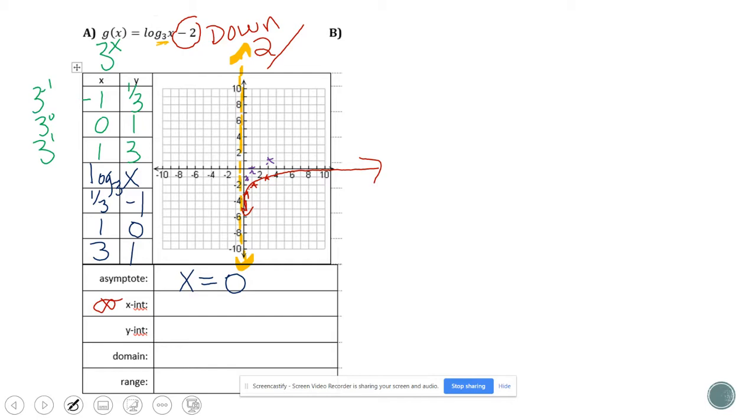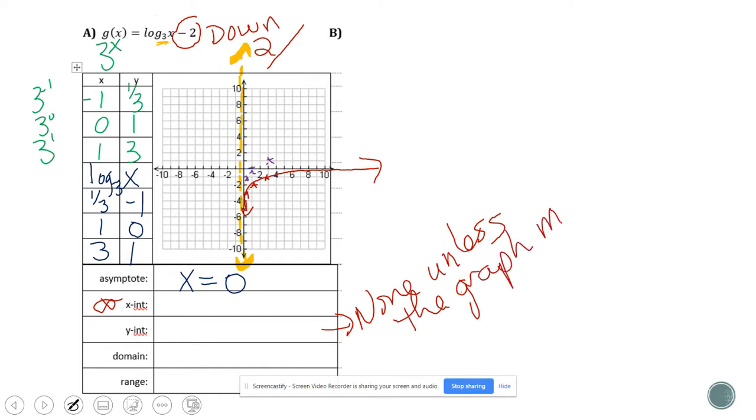For log graphs, we are not going to have a y-intercept unless the graph moves left. So right now we can't even touch our y-axis because that's where our asymptote is. So we're going to put none.